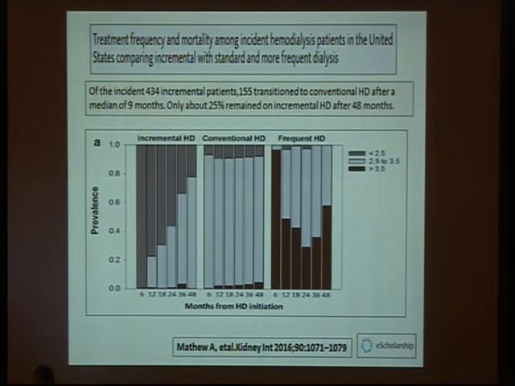If we look at the prevalence of incremental hemodialysis here, the dark gray bars, in this study of 434 incident incremental patients, 155 patients transitioned to conventional hemodialysis within 9 months, and only about 25% remained on incremental hemodialysis after 48 months.